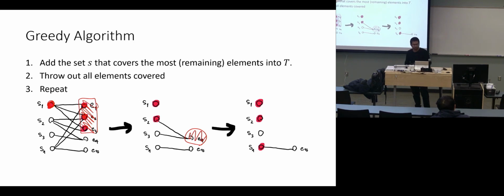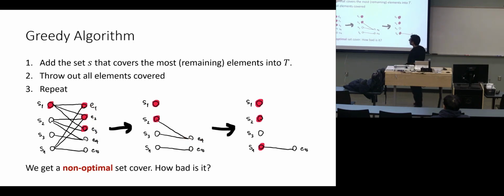So it's clear that this algorithm gives you a set cover. Right? But you might say that it might not be the optimal one, right? Because in this instance, you can choose a collection of sets of size 2, like S2 and S4 would work.